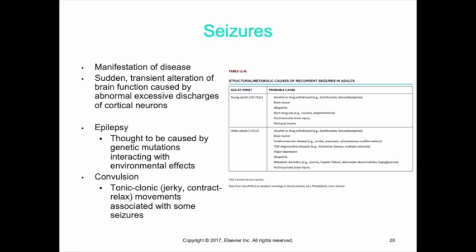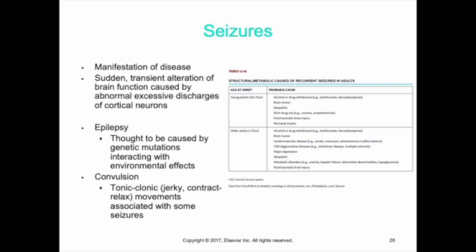What about conditions that are associated with seizure disorder? You can see with this chart the structural or metabolic causes of recurrent seizures in adults versus older adults. Adults is defined as anyone between the ages of 18 to 35, and older adults over 35 years old. So, the probable causes for a young adult would be alcohol or drug withdrawal. So, think of drugs like barbiturates or benzos.